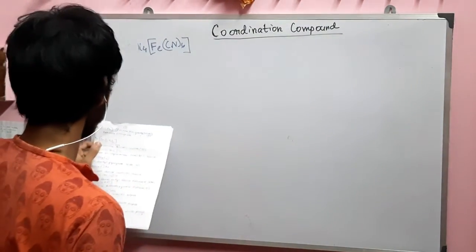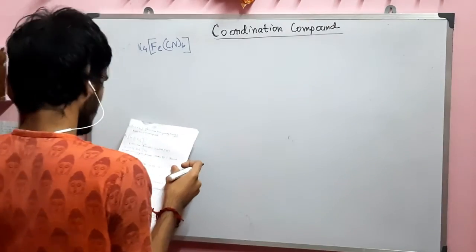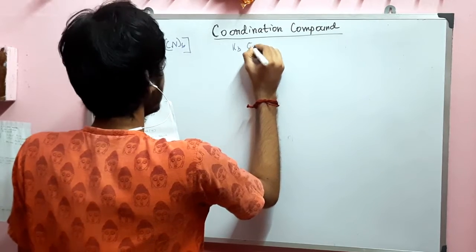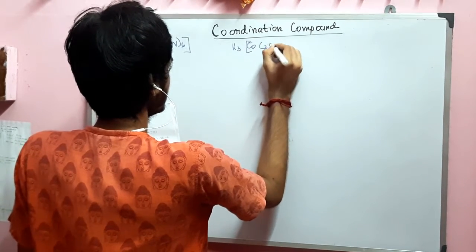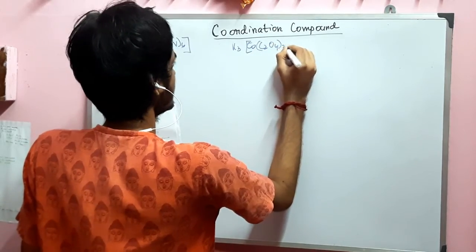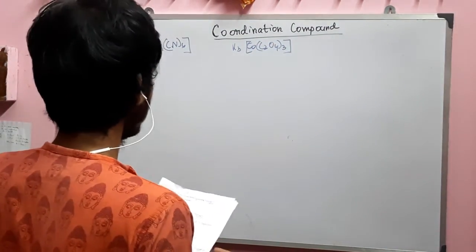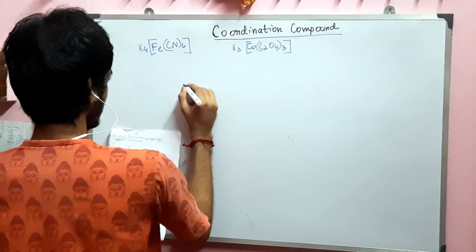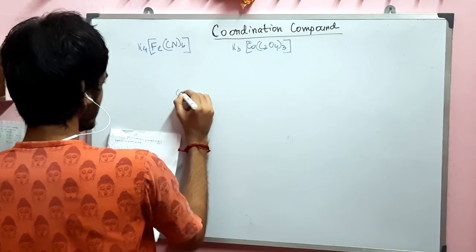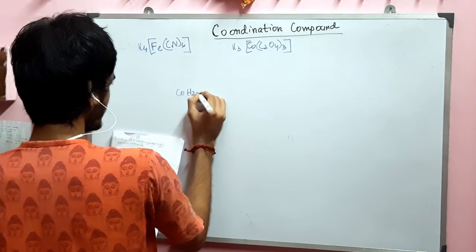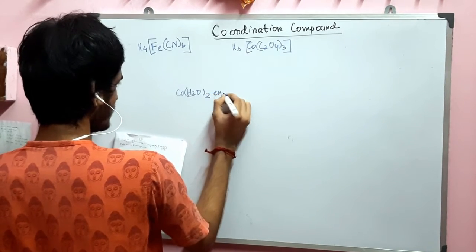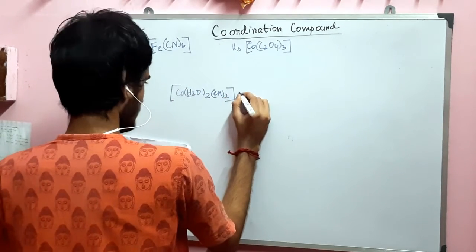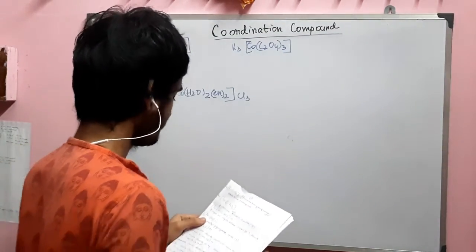Then suppose we choose K3[Co(C2O4)3]. Then we will choose [Co(H2O)2(en)2]Cl3.